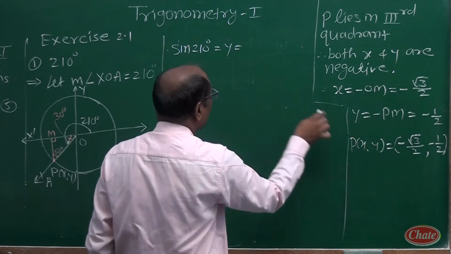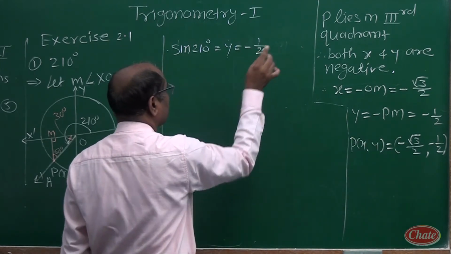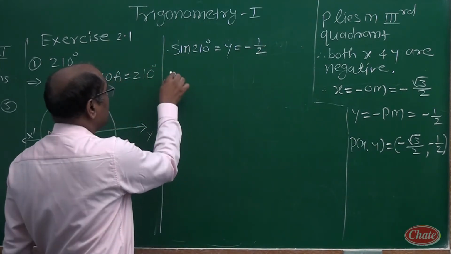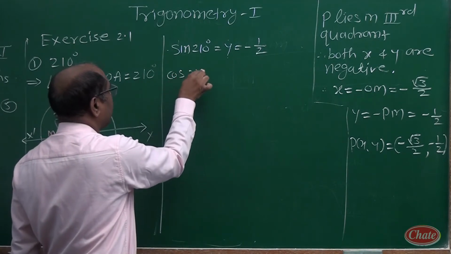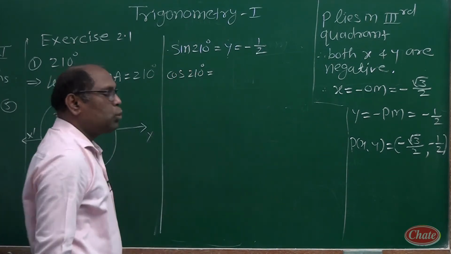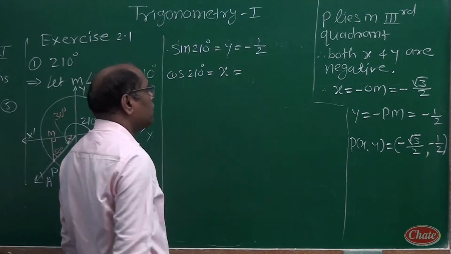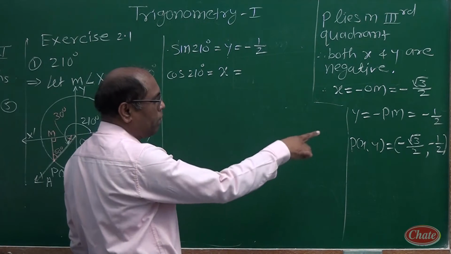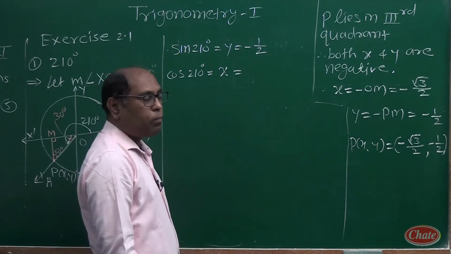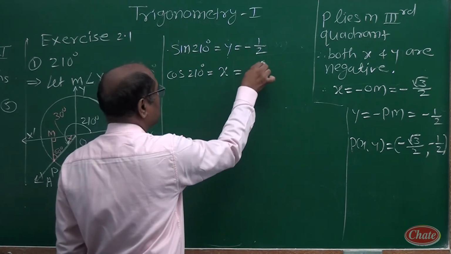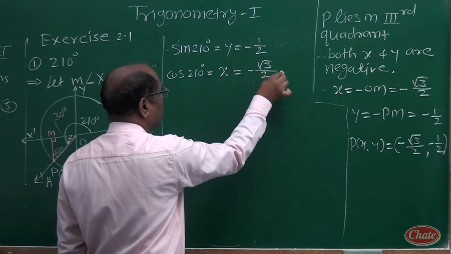Y is equal to minus 1 by 2. Then cos of 210 degree, cos theta is equal to x, so that is the x coordinate of point P. What is the x coordinate of point P? Minus root 3 by 2.